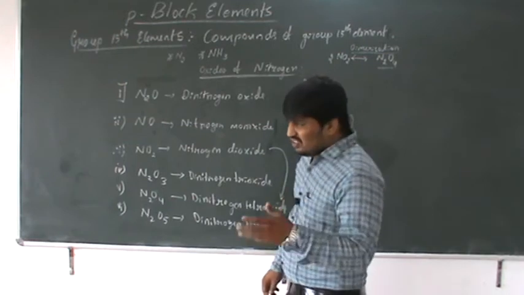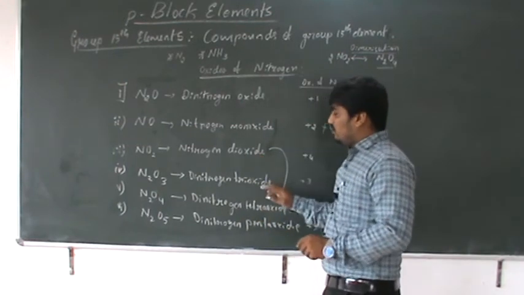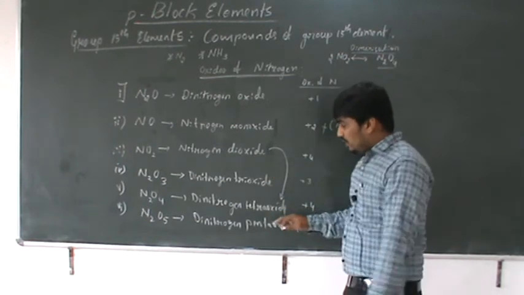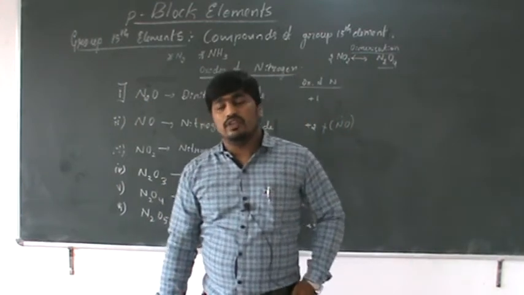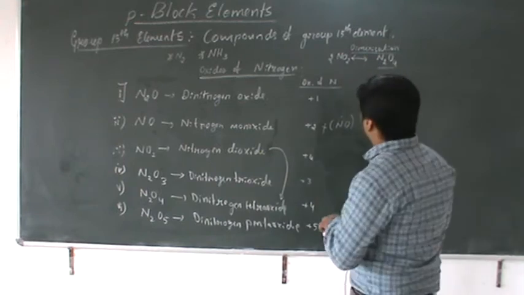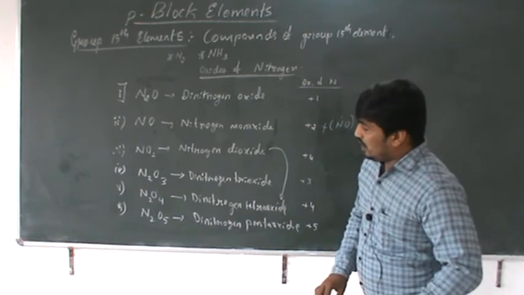In a similar process, nitrogen dioxide undergoes dimerization and gives dinitrogen tetroxide. So this is a very important thing under oxides of nitrogen, dimerization of nitrogen dioxide.